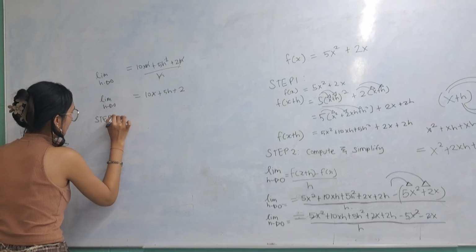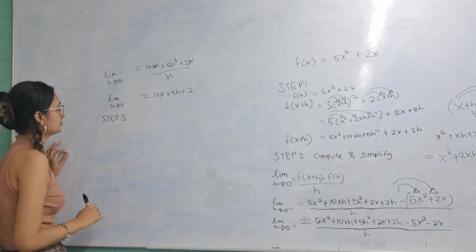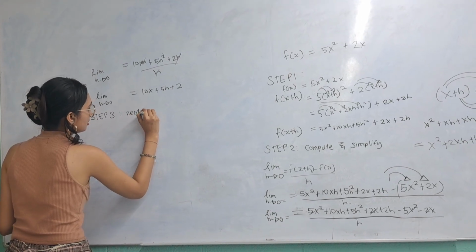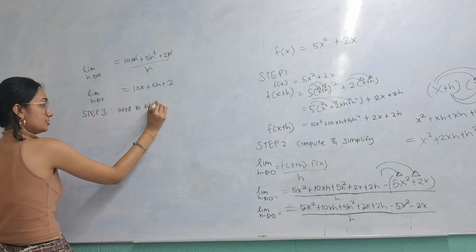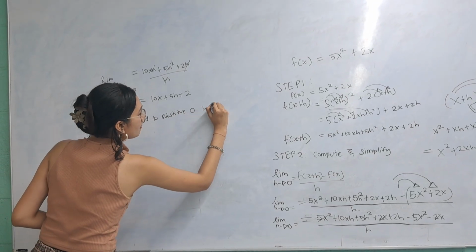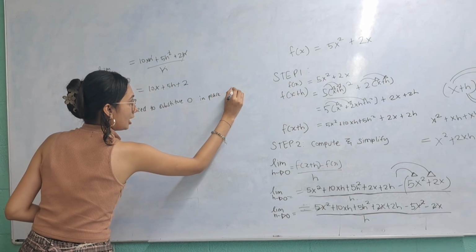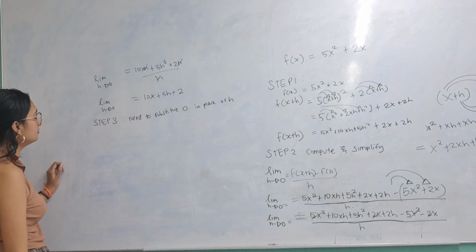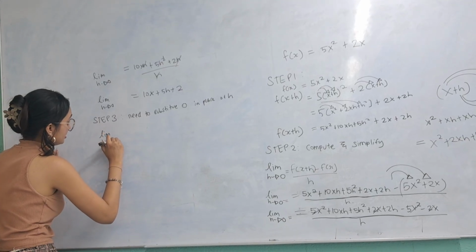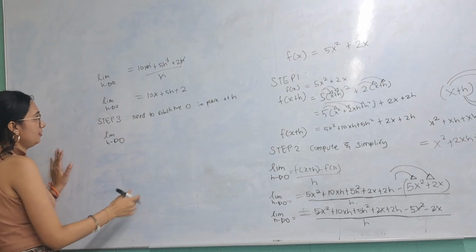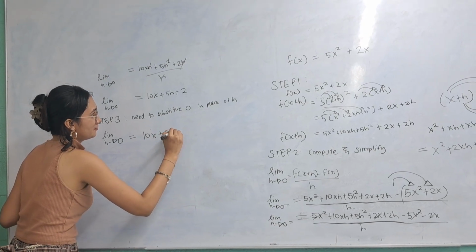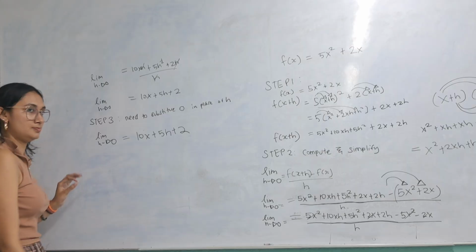Step 3. We need to substitute 0 in place of h. So limit as h approaches 0, we will get 10x plus 5h plus 2.